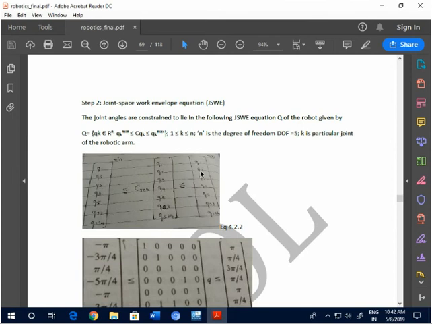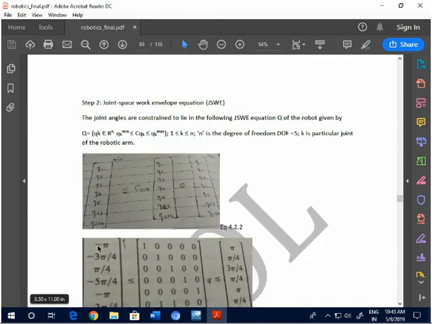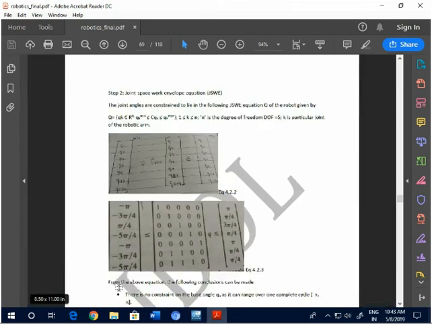Okay, so the angles, how will you try to represent it in the form of a matrix? So it is like this: pi, minus 3 pi by 4, pi by 4, 5 pi by 4, minus pi, 3 pi by 4, minus 5 pi by 4. This is the matrix, which is your identity matrix, and then you have this. Okay, this is the same pi, which is positive and negative out here.